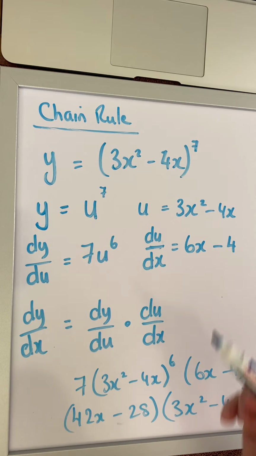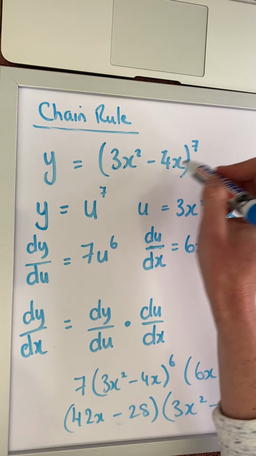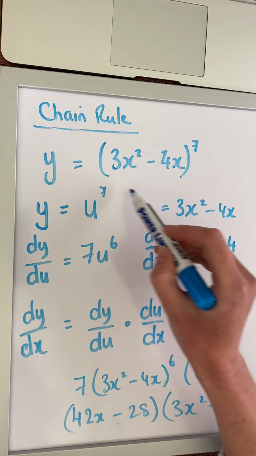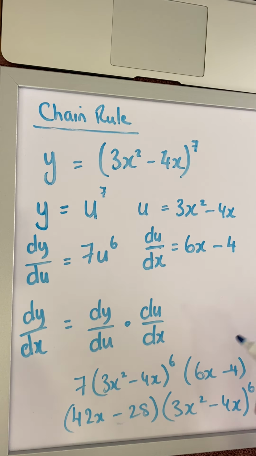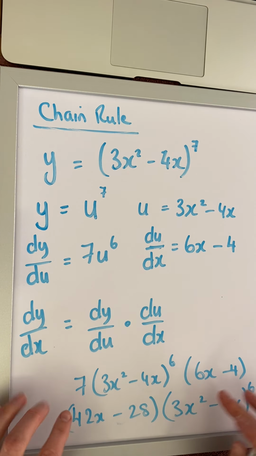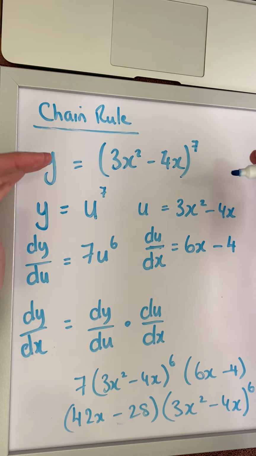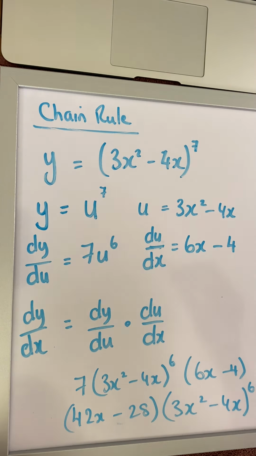So the shortcut is bring down the power and multiply, reduce the power by 1, but then you must multiply by the derivative of whatever's in the bracket. So in other words, the derivative of this bracket here is the 6x minus 4, and that's why we have to multiply. But for those of you that can't remember that little bit of a shortcut, this is how we would structure it out, and sometimes it is better to show exactly where your answer is coming from.